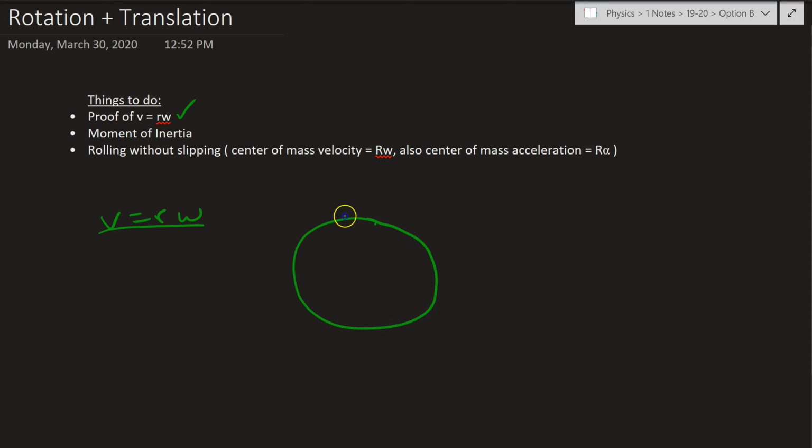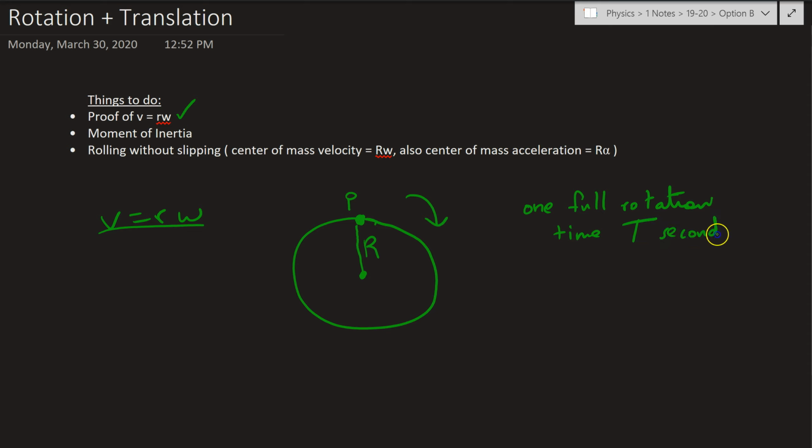So imagine an object that is rotating only. It's fixed in place around some axis in the middle. So this is just rotating. If you pick a point on the edge, and let's say that this object has a radius of capital R. If we pick this point P on the edge and we follow that point through one full rotation, the time for that rotation happens in, let's say, t seconds.